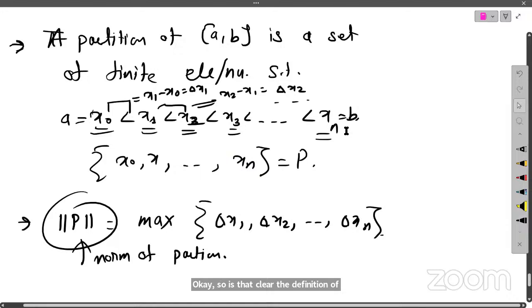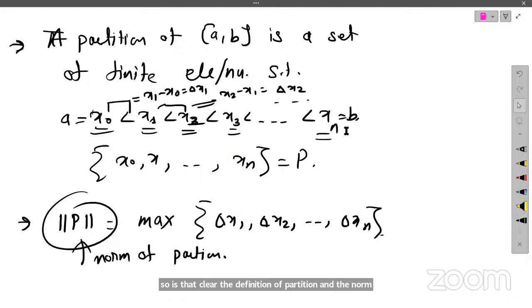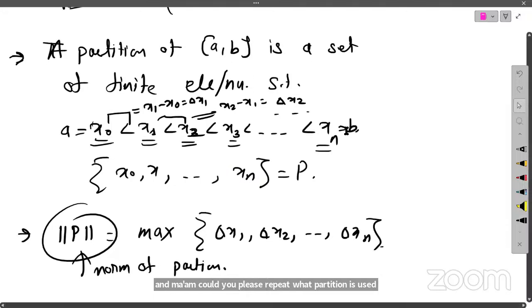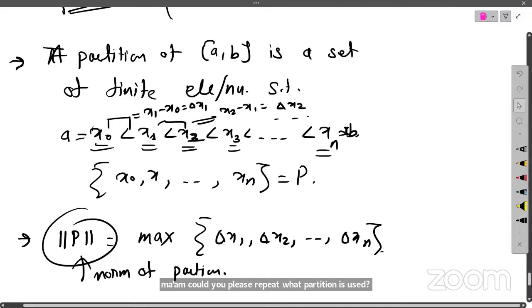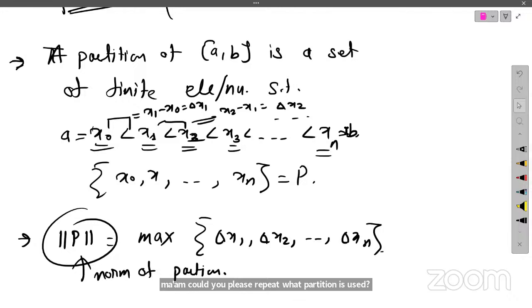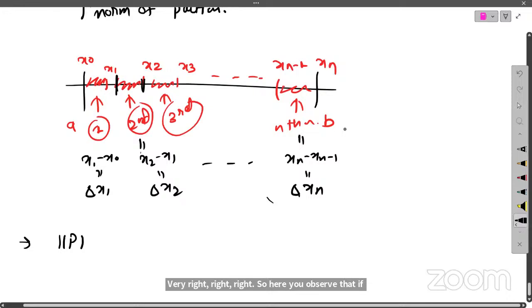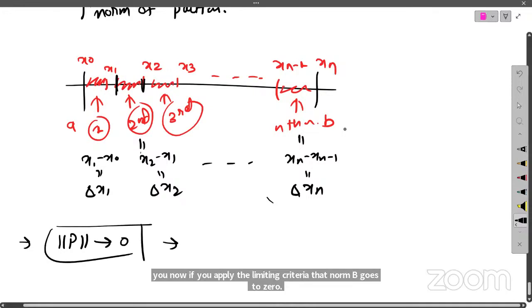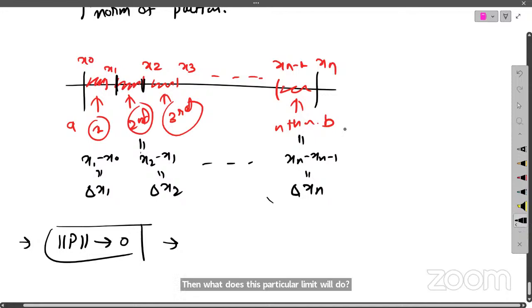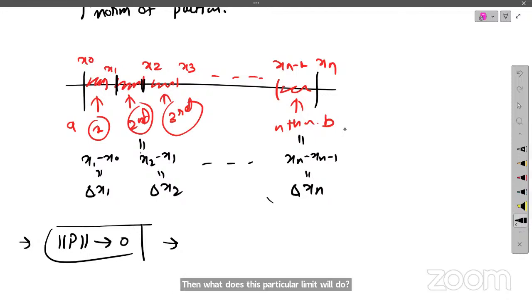Ma'am, could you please repeat what partition is used for? What partition is basically used for is to divide our interval into very minute rectangles. Very right. So here you observe that if you apply the limiting criterion that norm P goes to 0, what will this limit do? It will increase the number of rectangles in our figure, right?